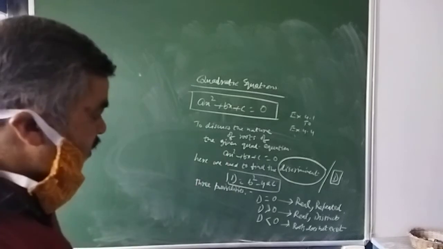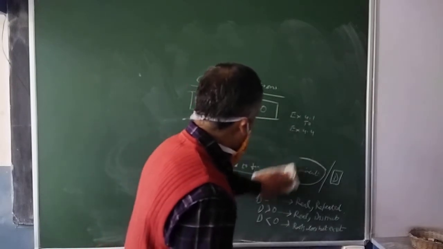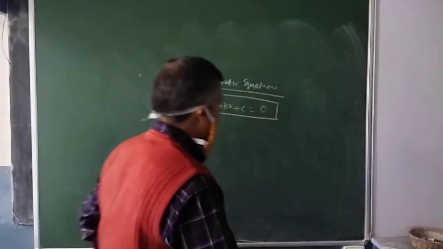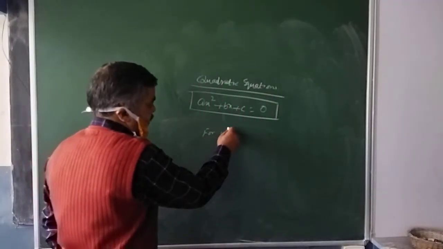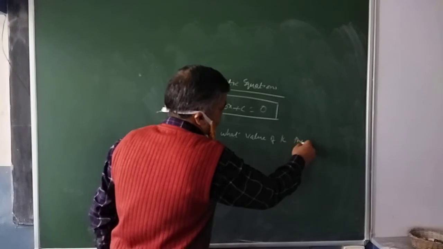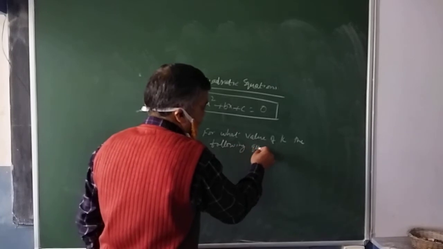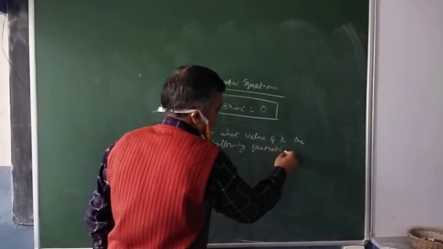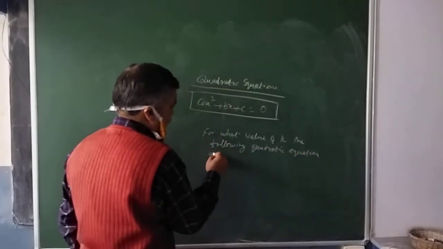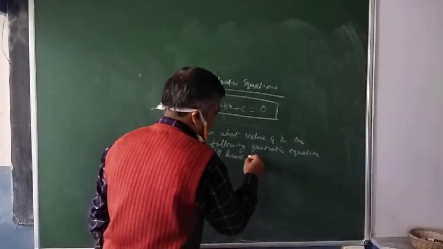And towards the end, that is exercise 4.4, he can ask one question like, for what value of k, or any other variable, will the following quadratic equation have equal roots.